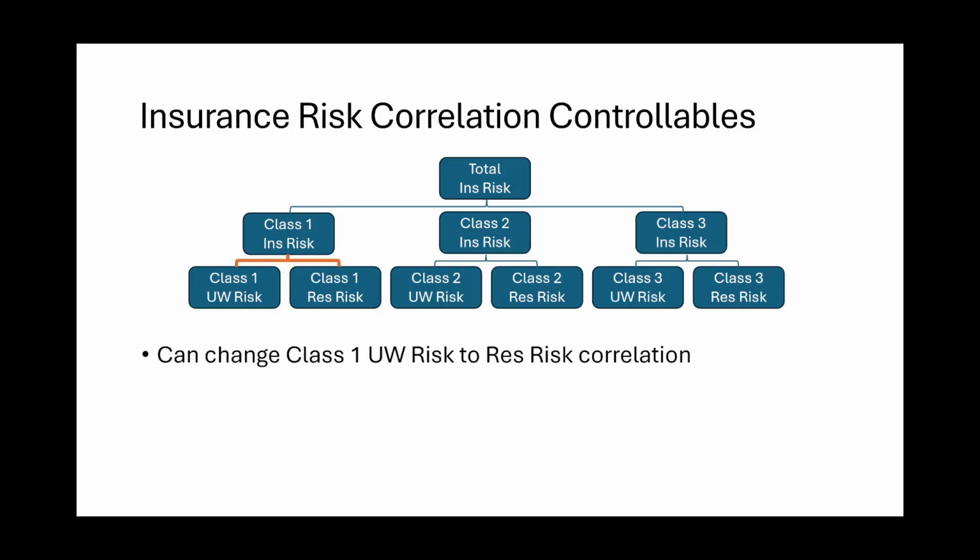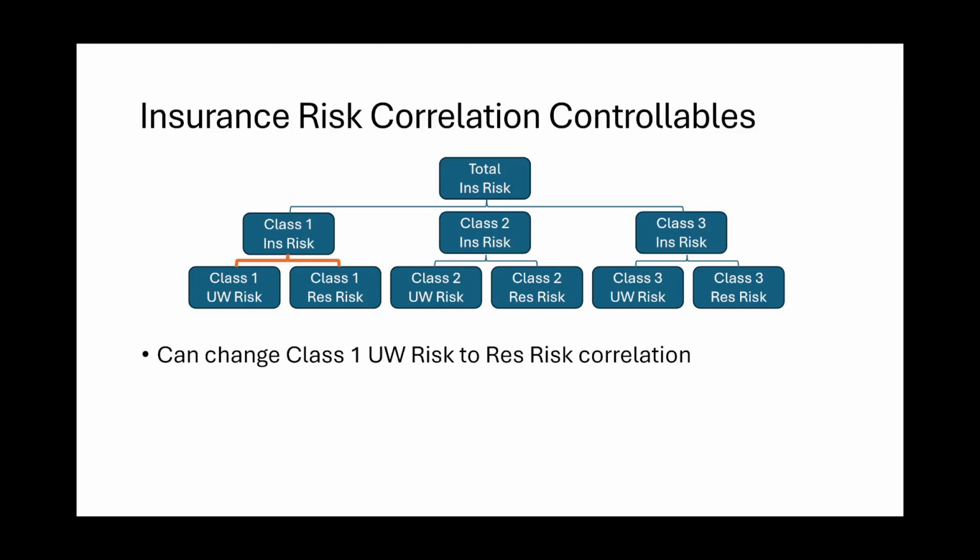let's have a look at the things we can control easily. And generally this is going to be the nodes, the explicit nodes that you see on this hierarchy diagram. So if I want to change class 1's insurance risk total, it's clear that I can change this just by moving the parameters for the correlation between underwriting risk and reserve risk for just that one class.